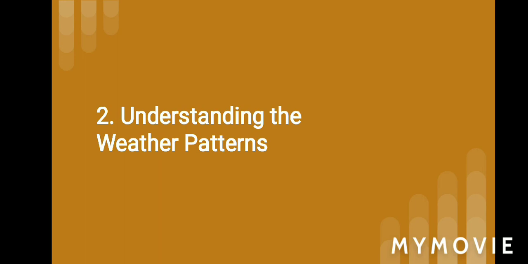Understanding the weather patterns is the next use of big data. There are weather sensors and satellites set up all around the globe. A huge amount of data is continuously being received from them. They help us to understand the weather and help in weather forecasting.